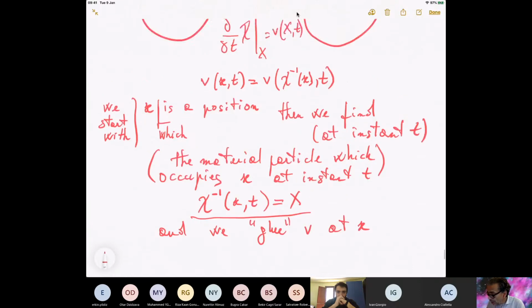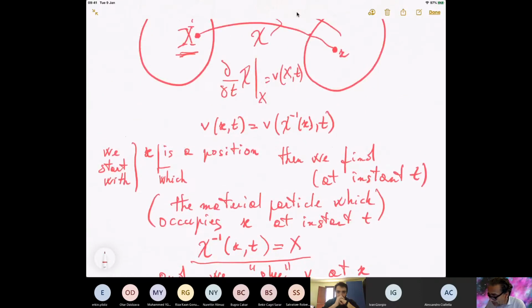So this velocity, this arrow here, is the velocity relative to the material particle which is passing there at a certain instant. Okay?